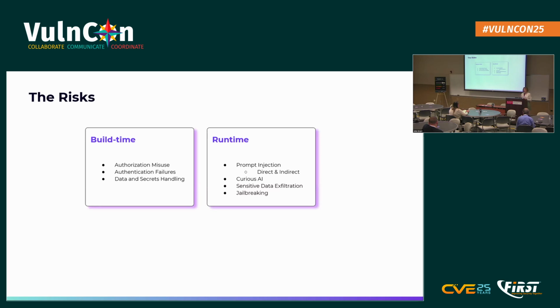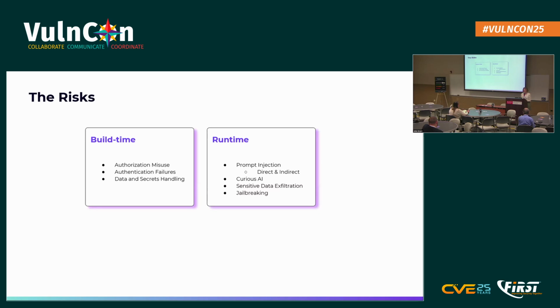And then on the runtime side, of course, this is the actual act of the agent doing what it does in these business innovation environments. So we see risks like prompt injection that can be both direct and indirect, depending on the attack. You have curious AI, which is hallucinations or it lying to you really well.